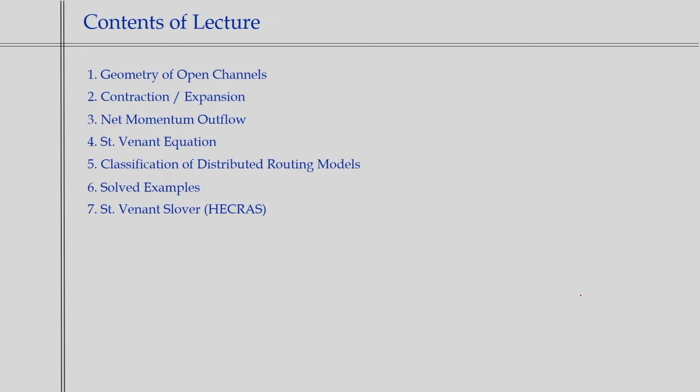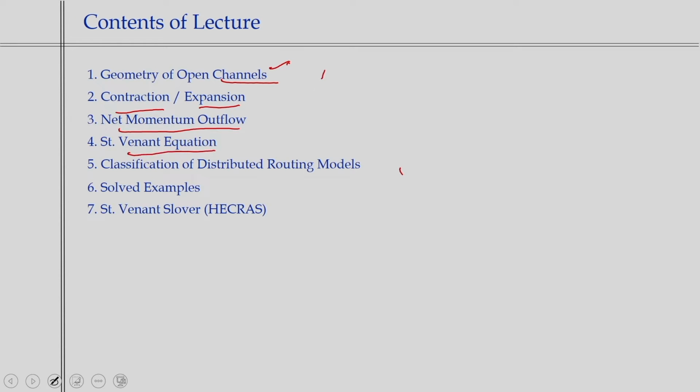We will talk about the flow and geometry of open channel flow or rivers, and how things differ. Then we will talk about how we can consider the contraction and expansion zones, and how we can write the new momentum equations for the control volumes.